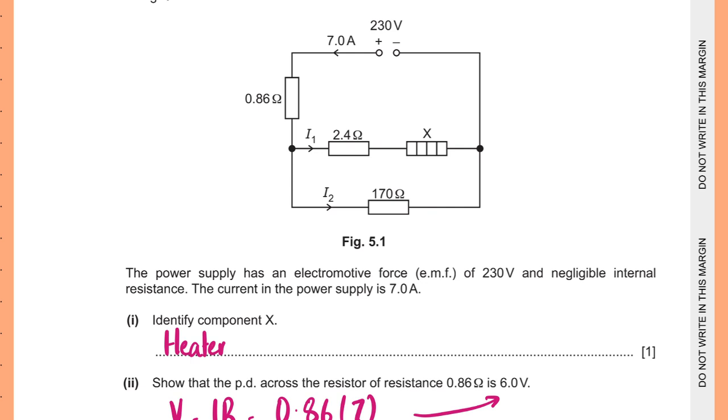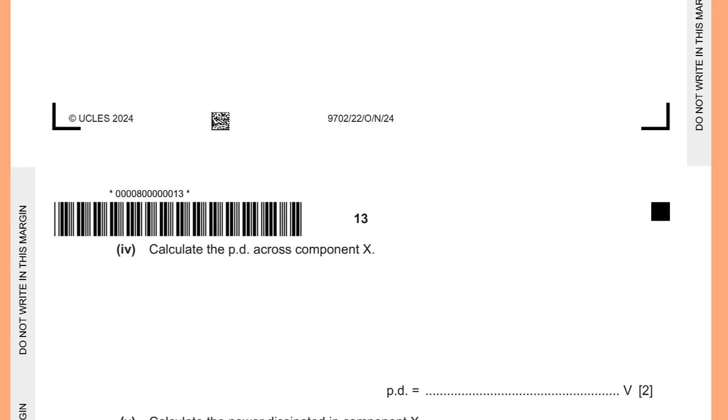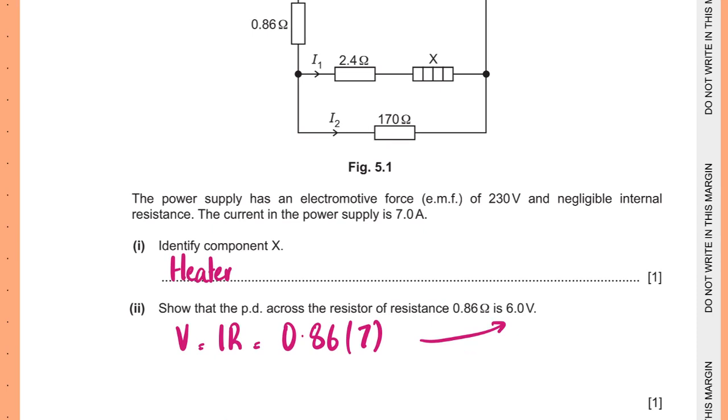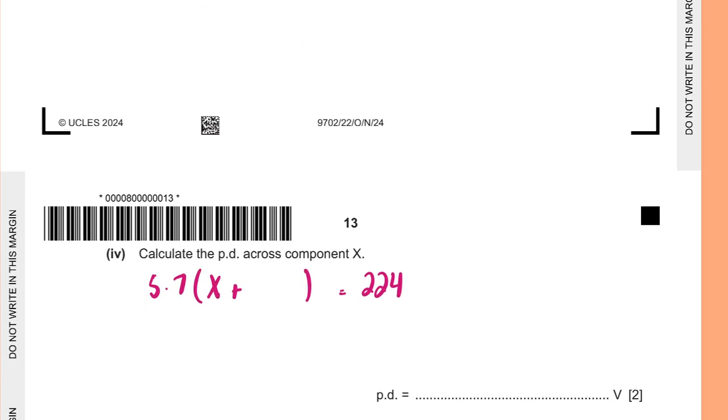So I can just do I times 2.4 plus X, because both of these are in series, equals 224. So I1 is 5.7 times X plus that other resistance is 224. What was that other resistance? That was 2.4 ohms. So this is 2.4. And from here we can find X.